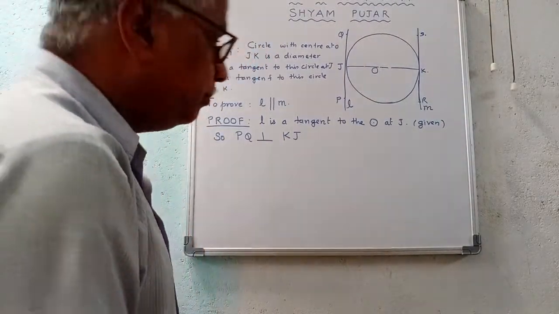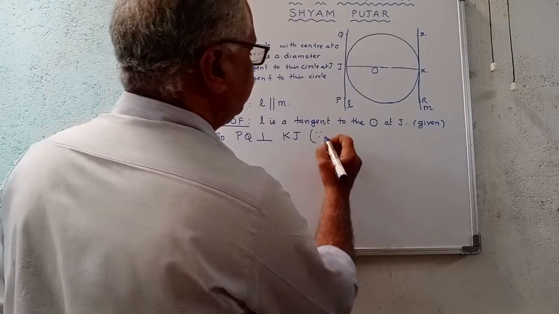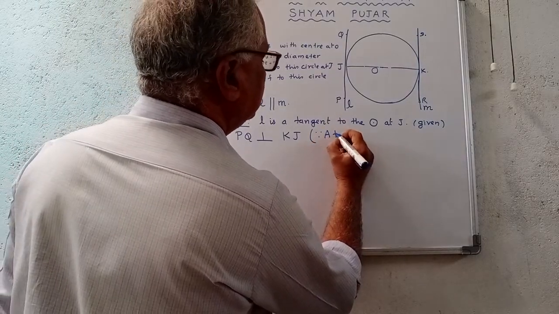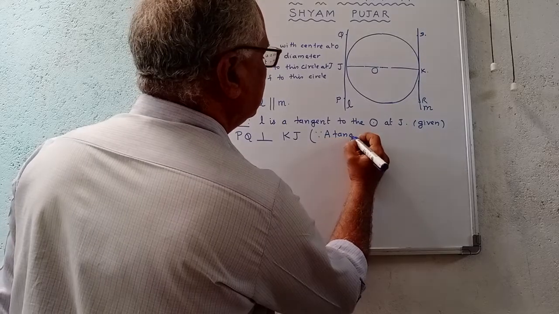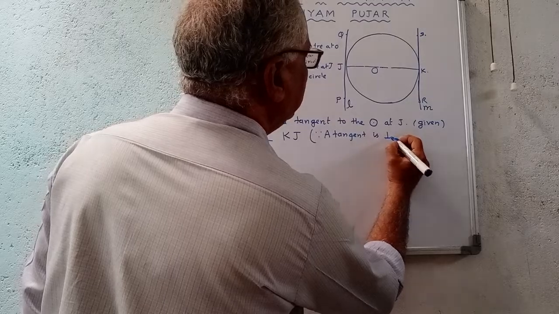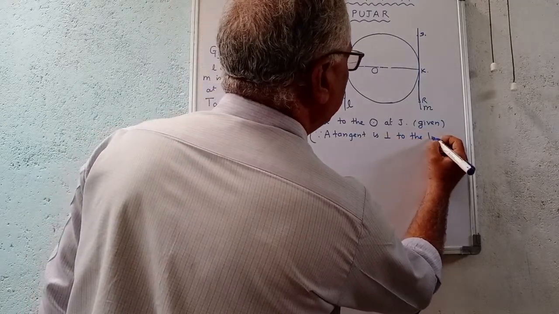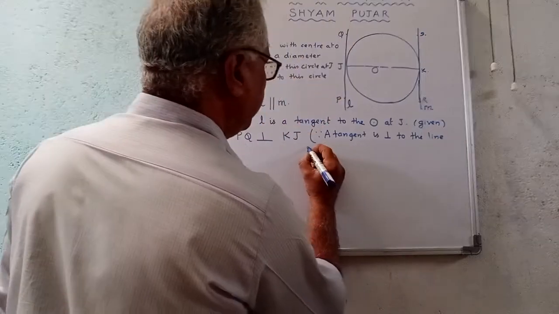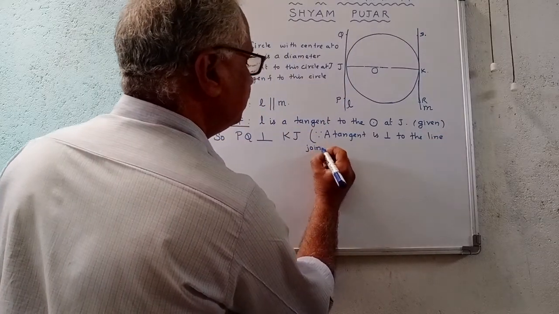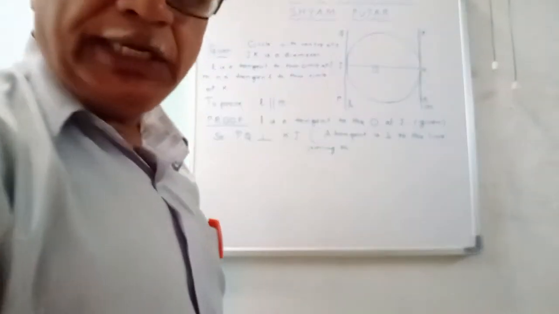I have to provide the reason for that, because a tangent is perpendicular to the line joining the point of contact with the center of the circle.